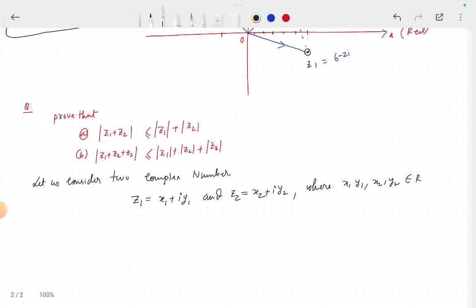Okay, let's first of all add these two complex numbers, z1 plus z2.